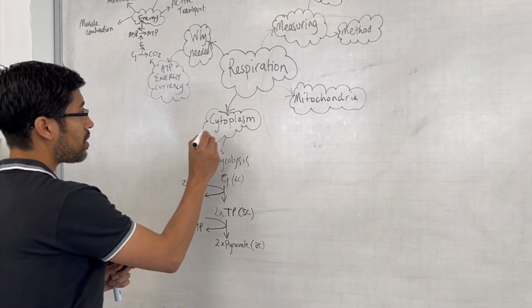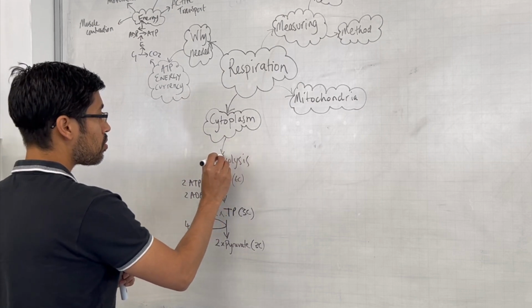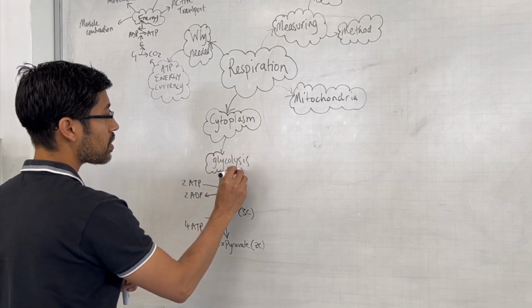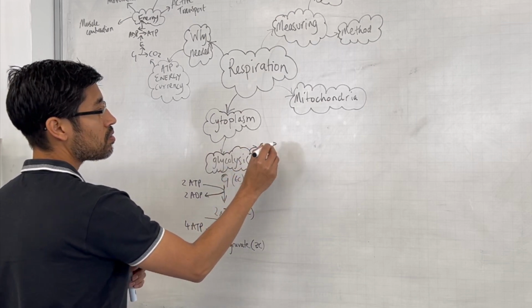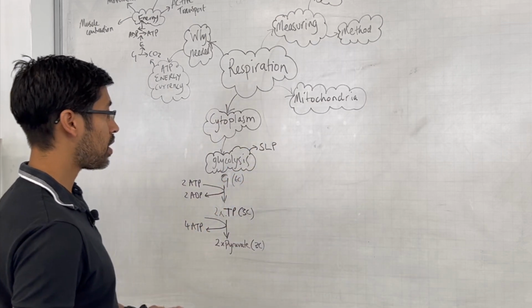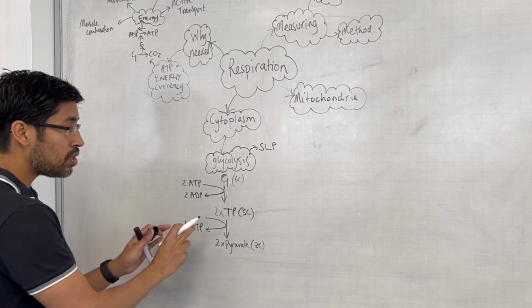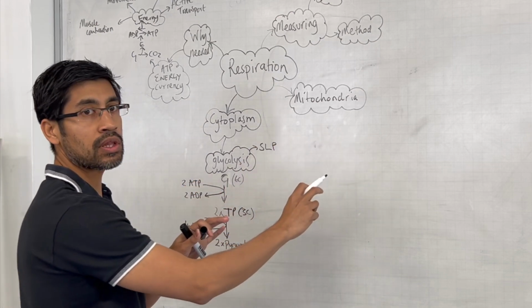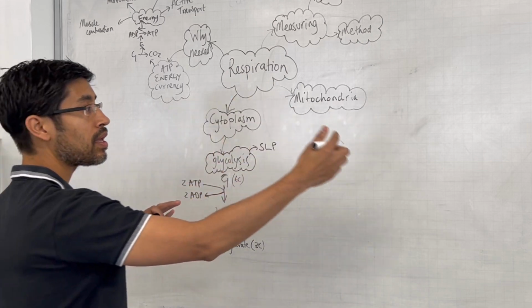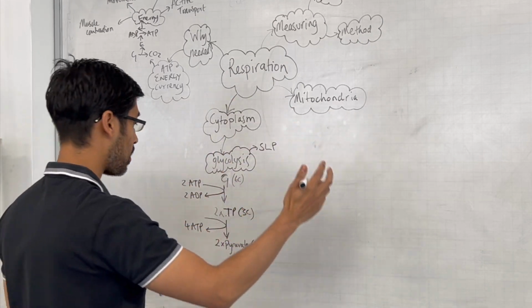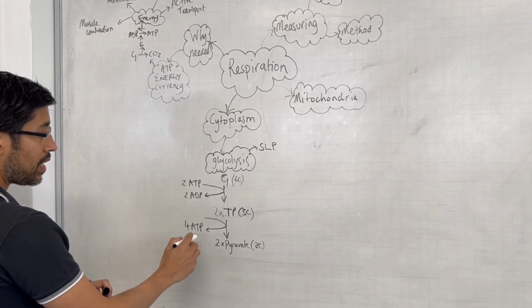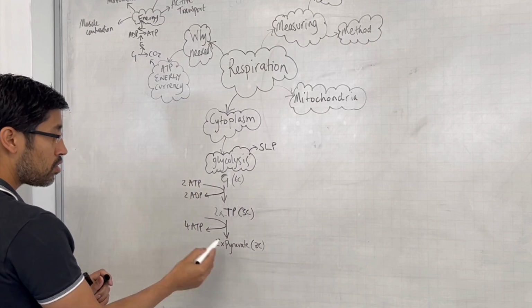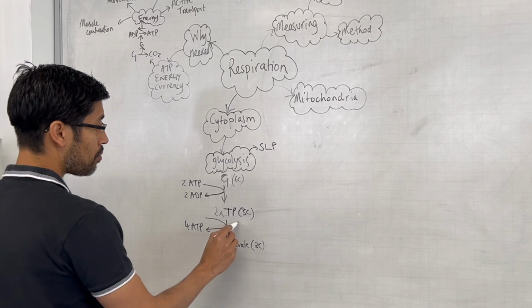So I'm just going to add that term onto this glycolysis process. Substrate level phosphorylation, that's ATP produced, but it wasn't produced in the mitochondria. It wasn't produced by ATP synthase and all that stuff, which we will get to. So 4 ATPs produced, that gives us a net total of 2 ATPs produced.